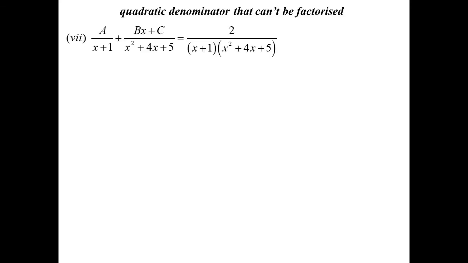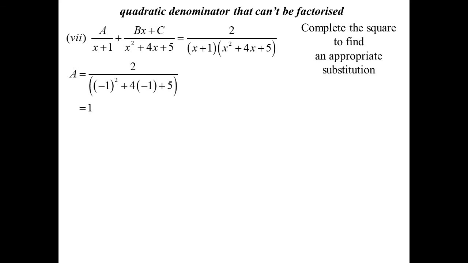What happens if the quadratic can't be factorised? So that x squared plus 4x plus 5. Well, A, again, is going to be simple enough to work out. Cover it up, and I get 1. What did we say? What makes the denominator equal to 0? So what makes x squared plus 4x plus 5 equal to 0?